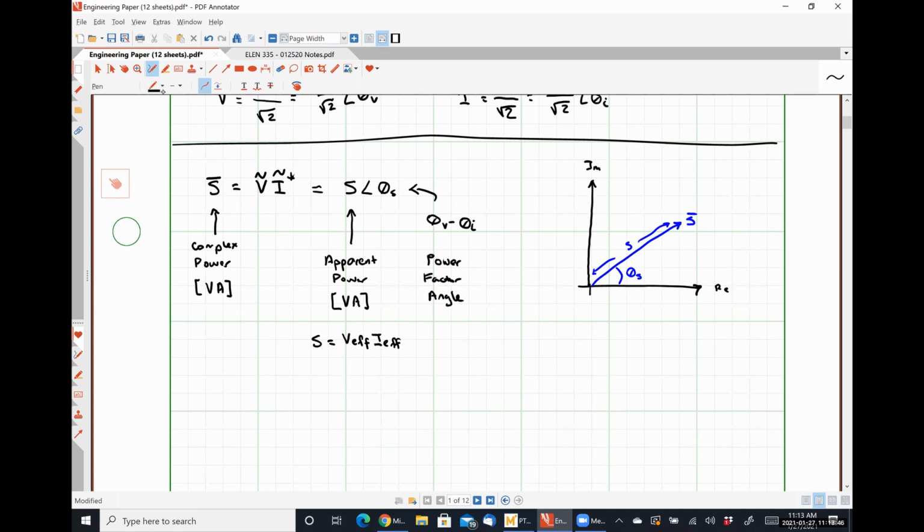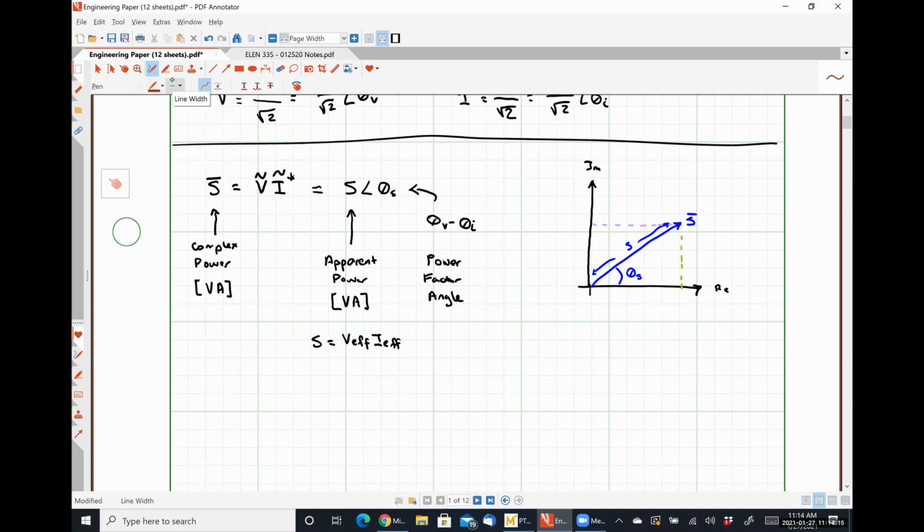Now we can project this portion onto the real axis. And similarly, we can project the complex power onto the imaginary axis, which would allow us to express the complex power in a rectangular form, right?